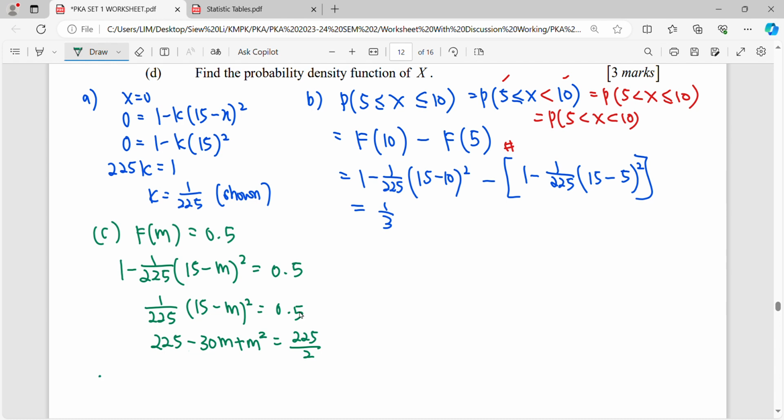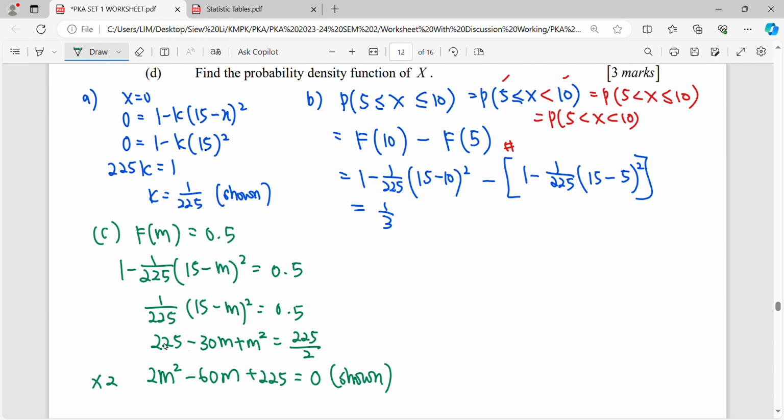So simplify times 2, rearrange, start with 2m squared minus 60m. So when you times 2, you move back to the left hand side, plus 225. So shown out the equation, then only we solve it.